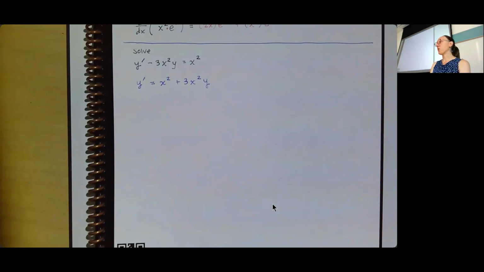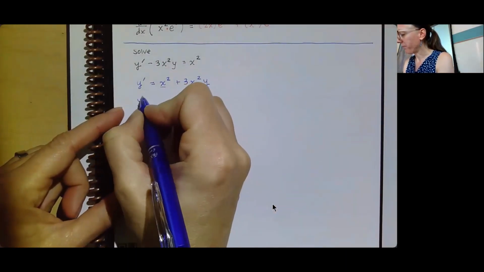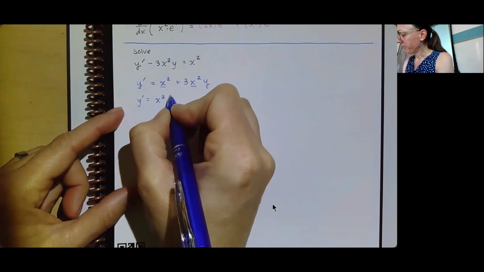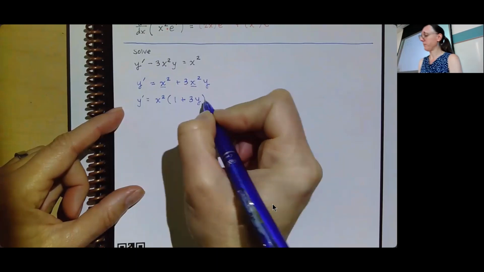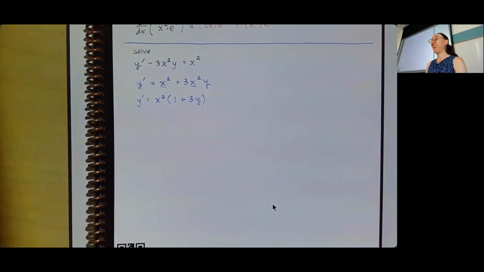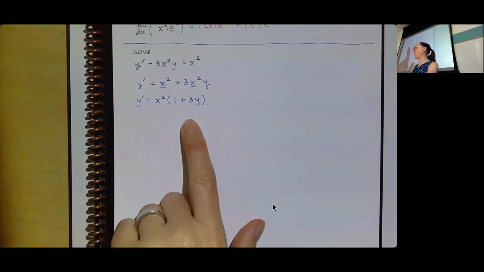Now, in order for this to look separable, there's got to be something that I can factor out so that I'm making the right-hand side look like multiplication or division. In this case, that x squared is what I can pull out. And I've got something that looks like only stuff with x's times something that looks like only stuff with y's.